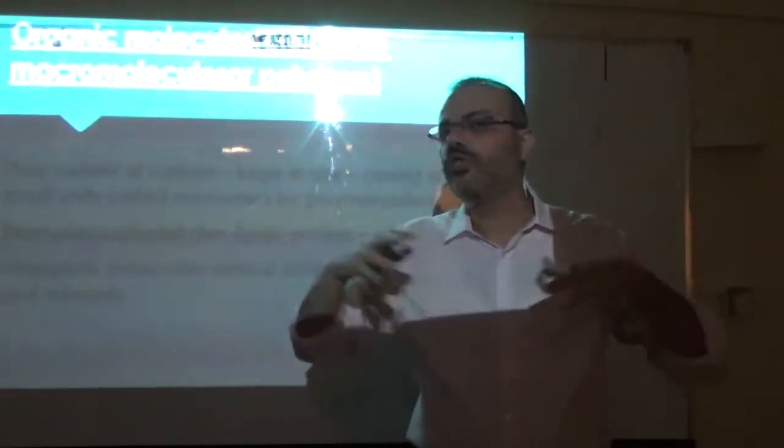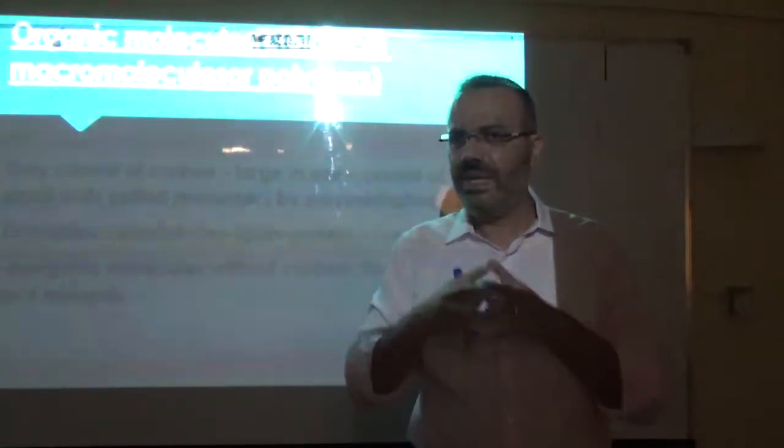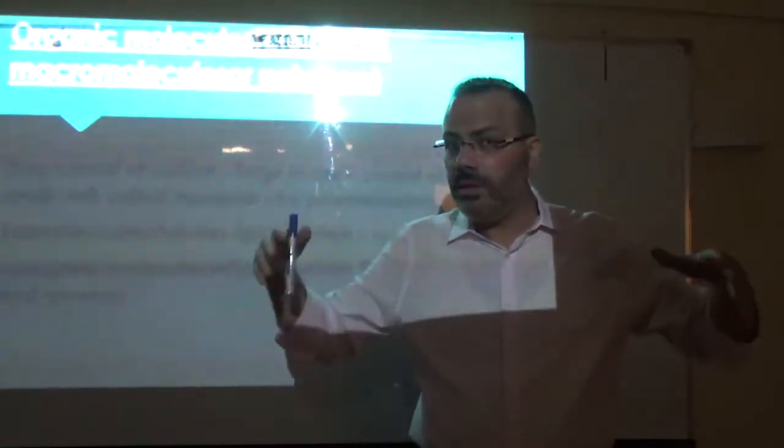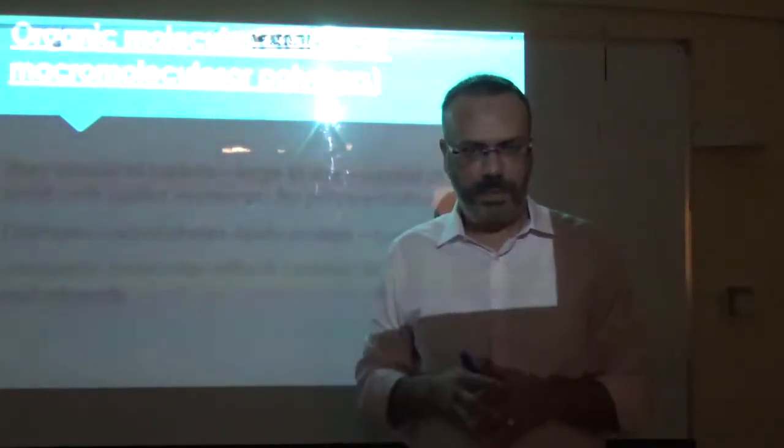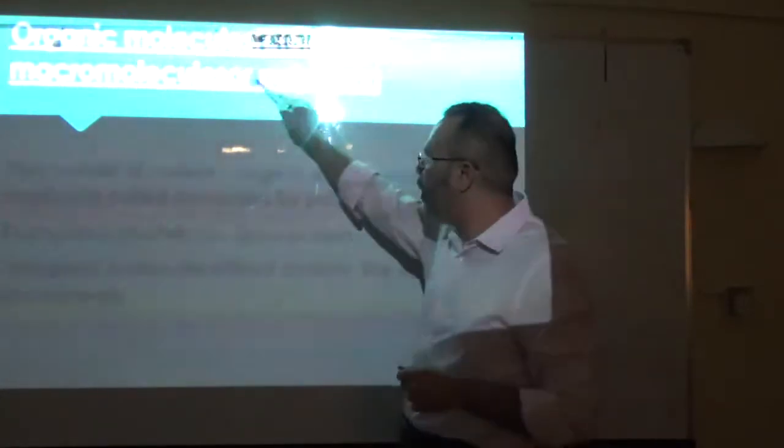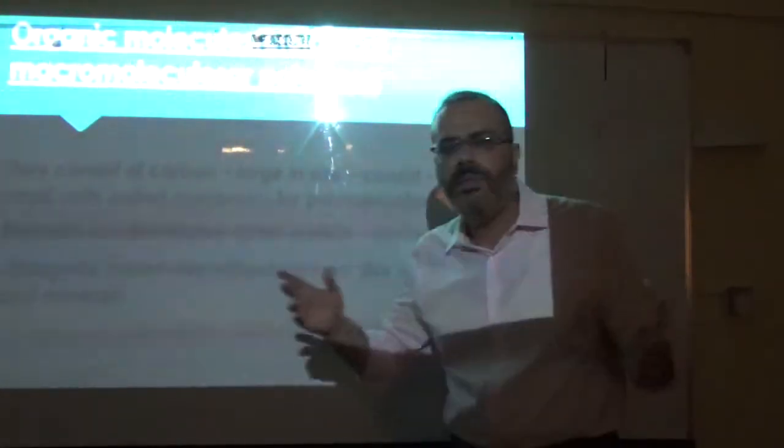Macro means large. So when we say biological macromolecules, this means that the molecules are large in size. Okay, what is the reason for the second name, polymers? What is the meaning of polymers?